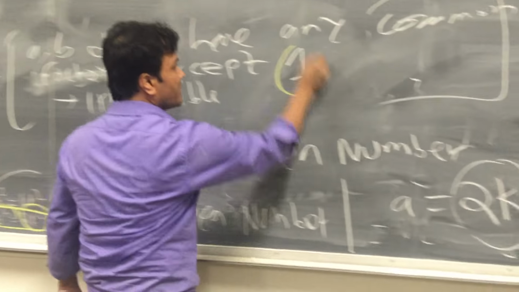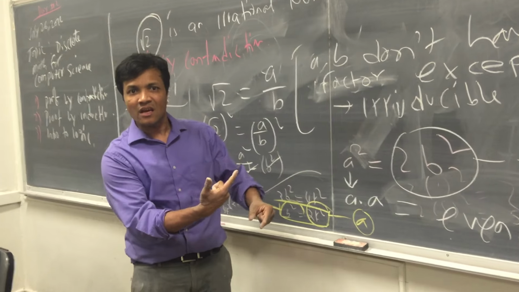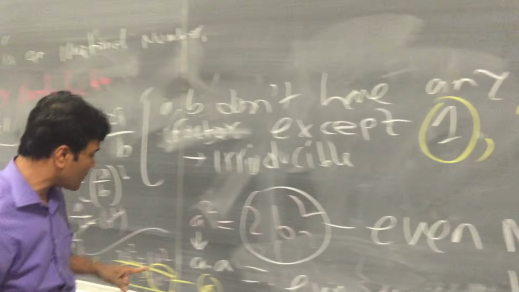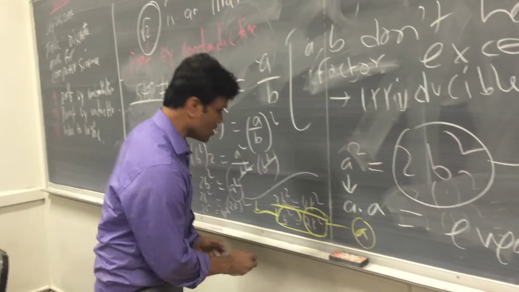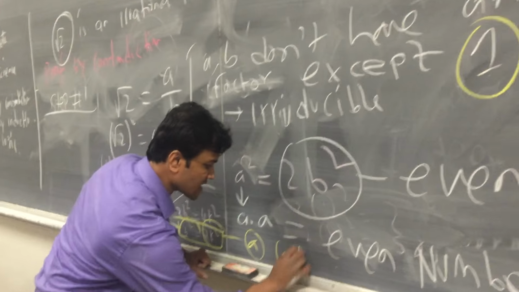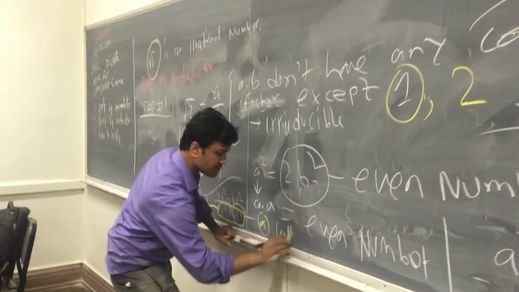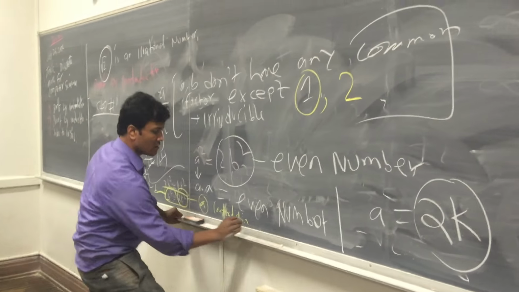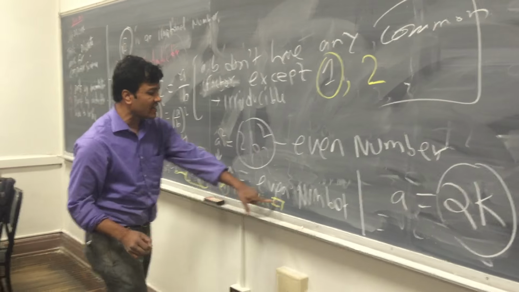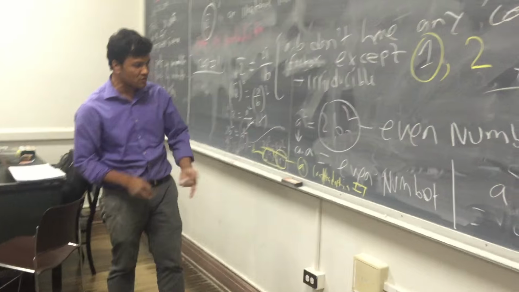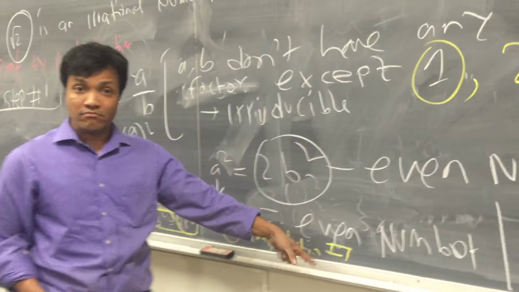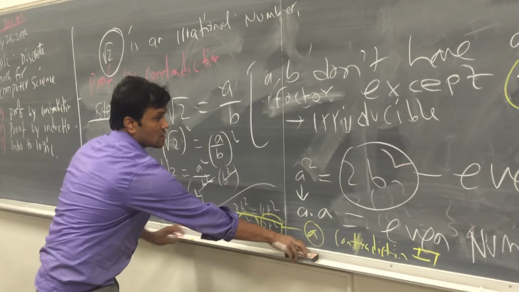Not only 1, but also 2, because you can divide any even number by 2, so at least they have 2 as a common factor. That is a contradiction. So we're gonna write contradiction. So we proved it by contradiction. This is a rectangular sign. Mathematicians use the rectangular sign to claim that that's the end of the proof.